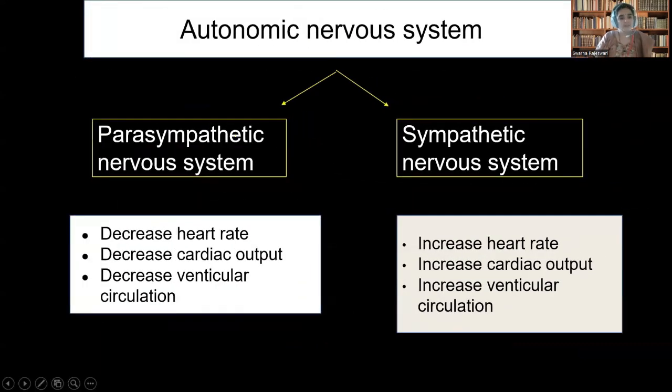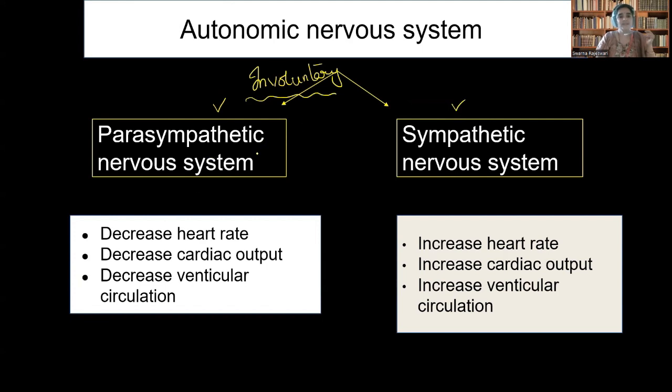And when we see this autonomous nervous system, it is of two types, parasympathetic nervous system and sympathetic nervous system. The autonomous nervous system is involuntary in action, which means it works without our knowledge. It is not under the control of the brain.